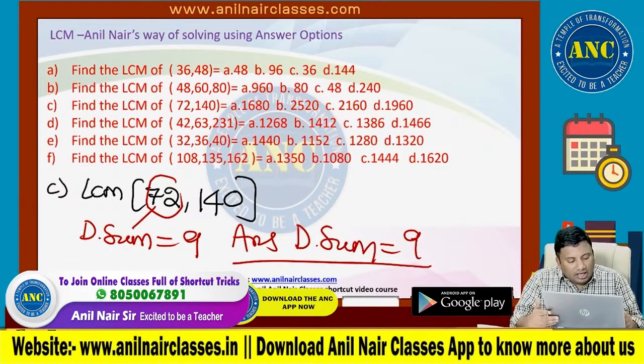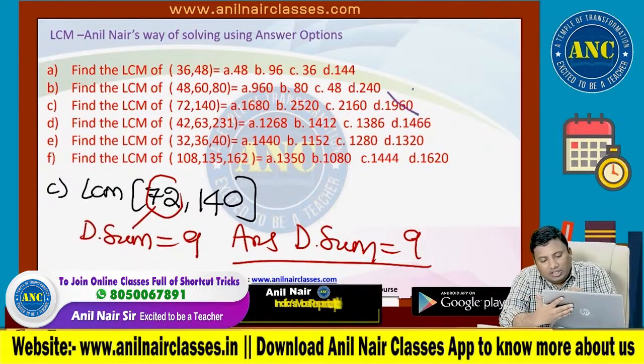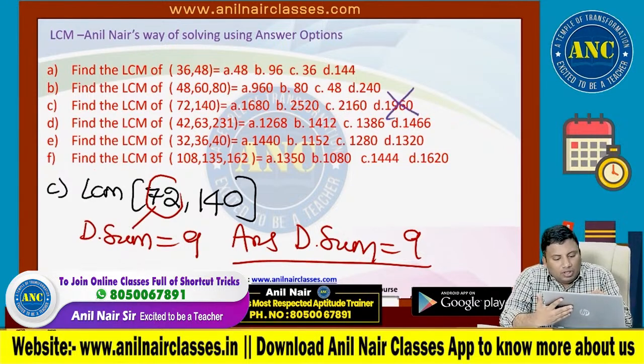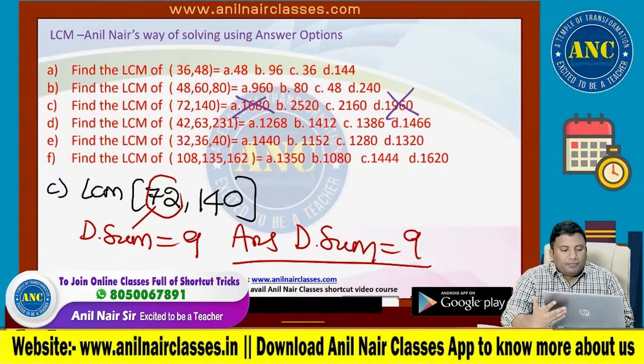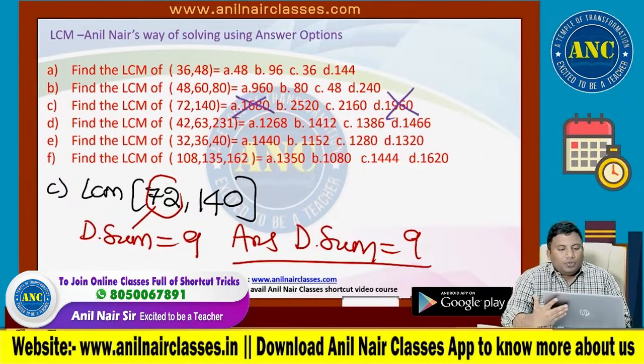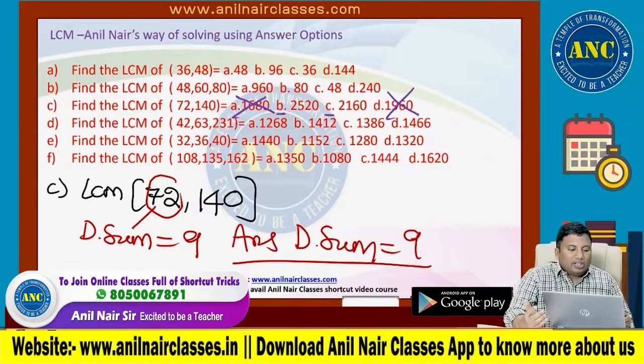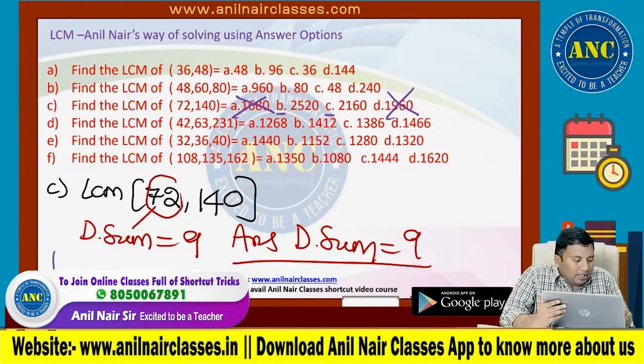This is not 9. This is not 9. I am stuck with two options, B and C. Then go by the divisibility rule.